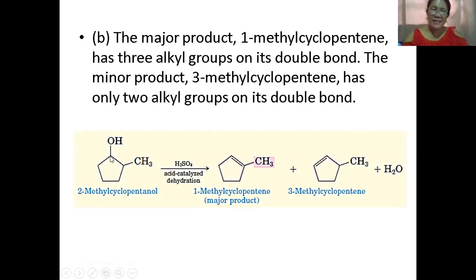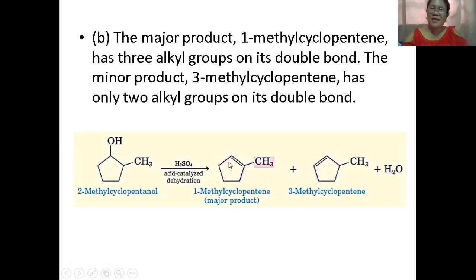The first one takes a hydrogen from this carbon, so you form a double bond, and that is 1-methyl cyclopentene. The other one is the other adjacent carbon. So this is 3-methyl cyclopentene.